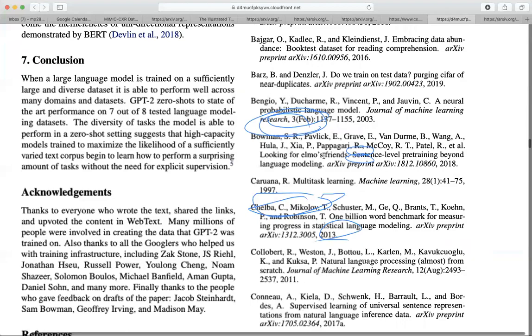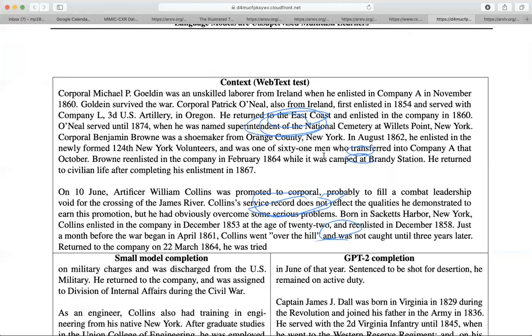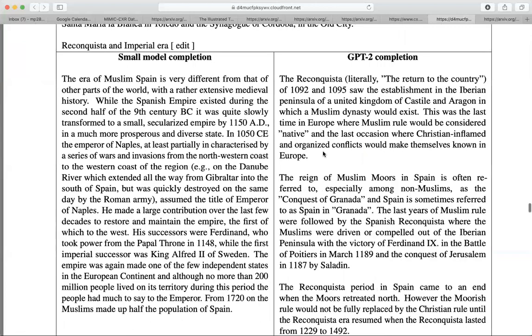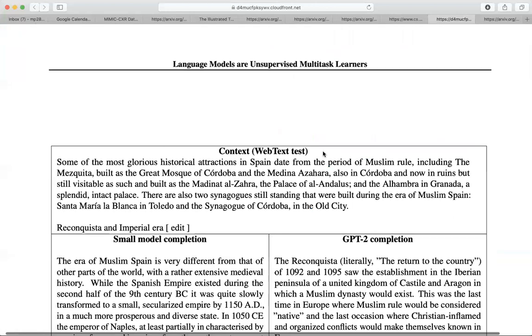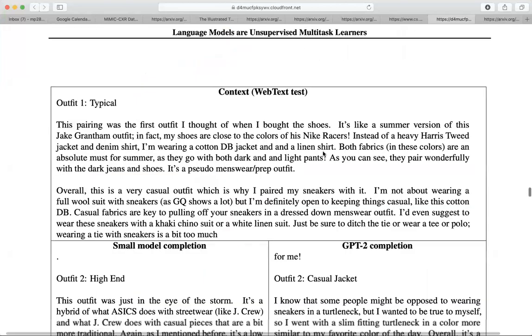And if you go to the supplementary material, some examples are just out there. Let me see if I can get a good example.